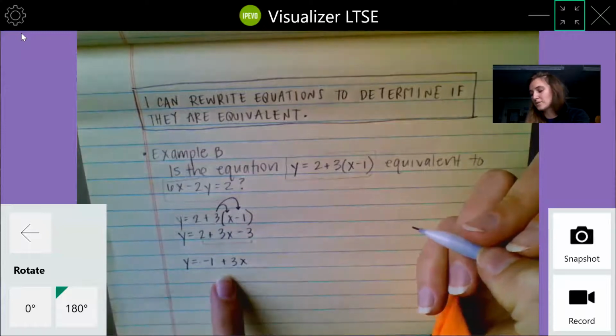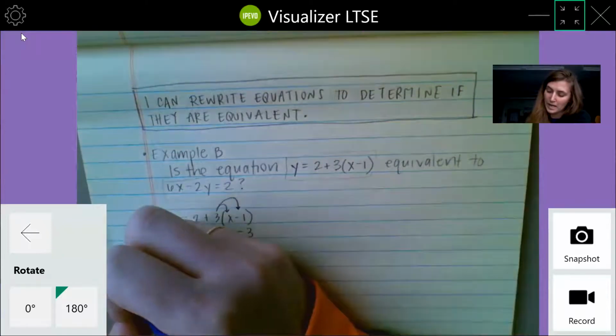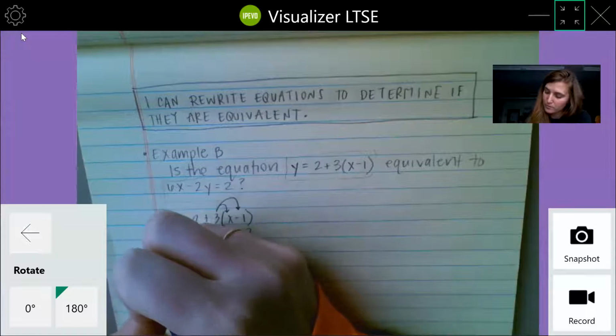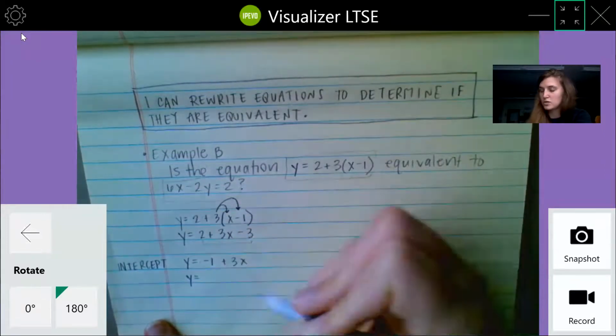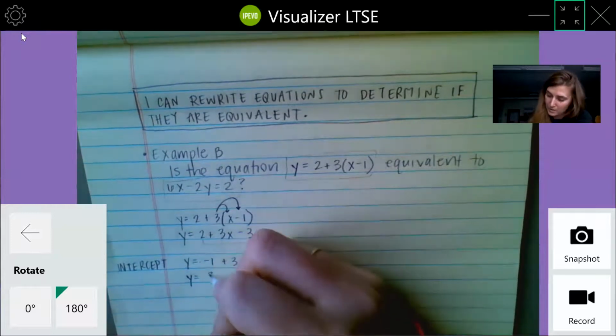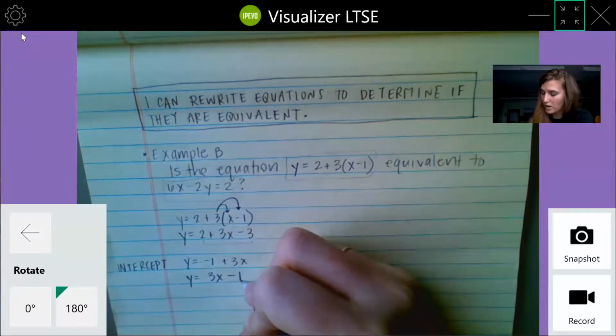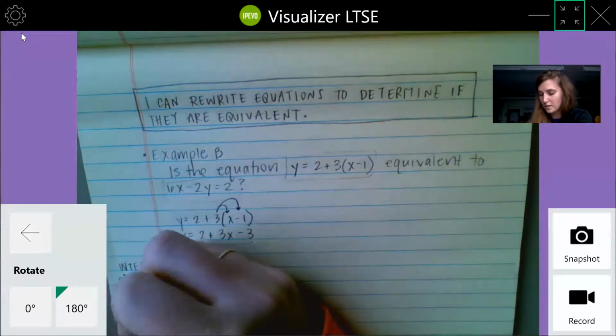Okay, so that's intercept form. I'm going to try and write it in slope-intercept form. That would just be, just flip them around, where 3x comes first, and then -1.